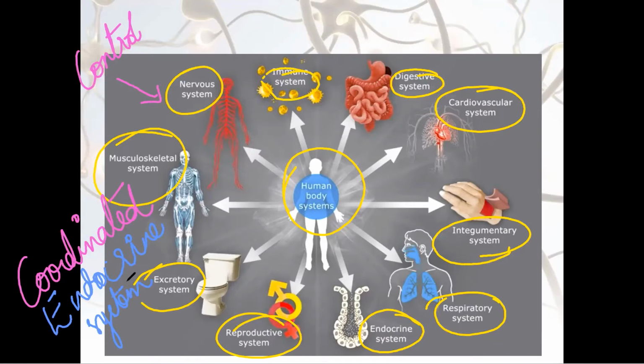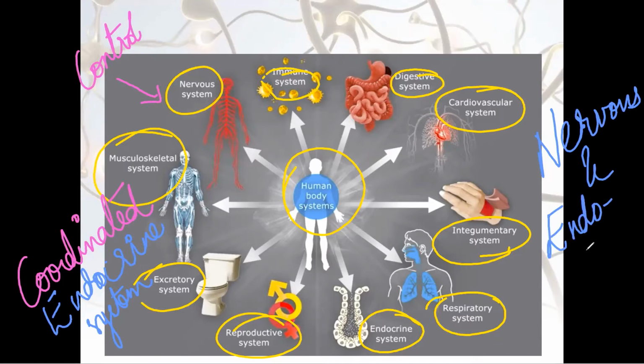So basically, in this chapter, we will discuss the nervous and endocrine systems.